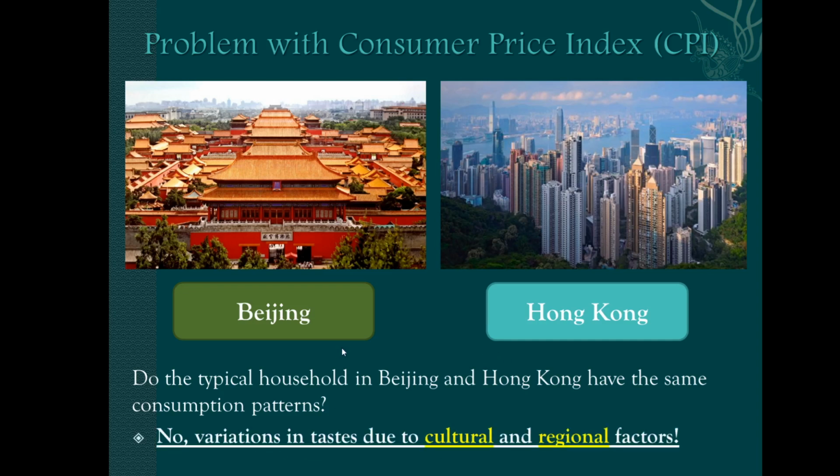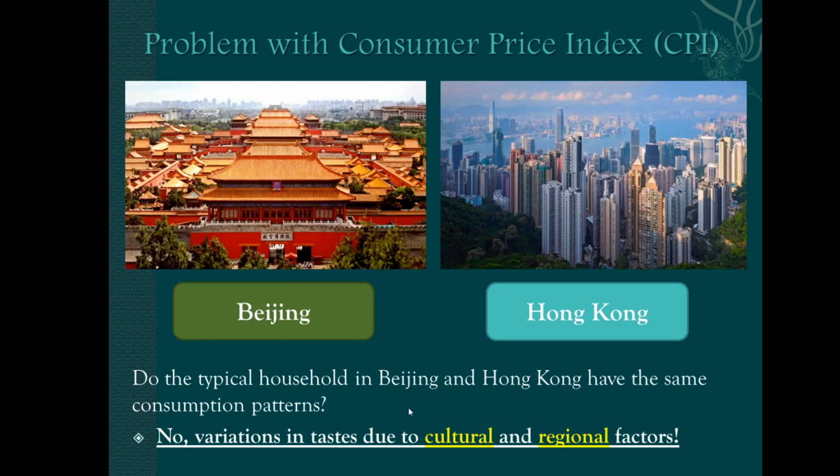And that's why, when we look at CPI, it might not be accurate. Your consumption patterns will change based on different culture and regional factors. So it's really hard to compare using CPI sometimes when you're trying to find out the inflation rate. It's too difficult.